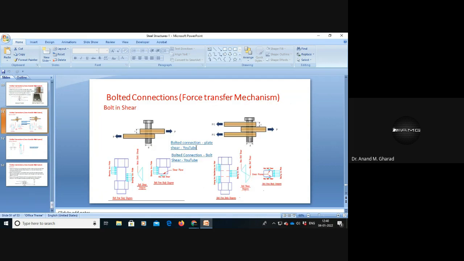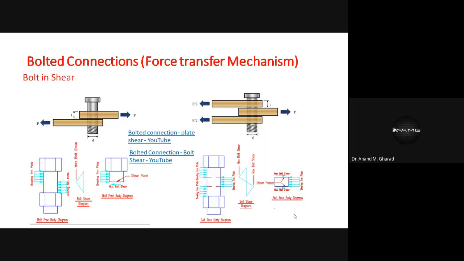Now, last time I had told you that we will see a few videos wherein you will understand the different types of failure associated with a bolt connection. So the second type of failure is bolt in shear or failure in shear. So let us try to see.